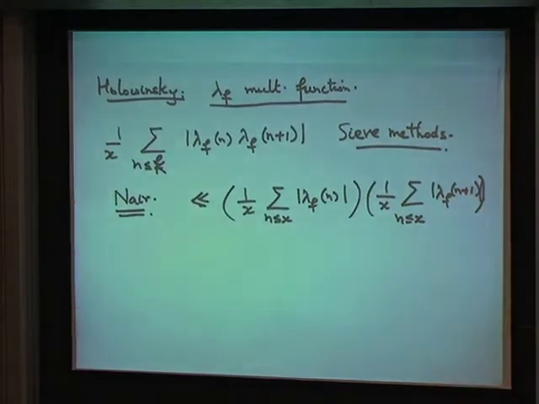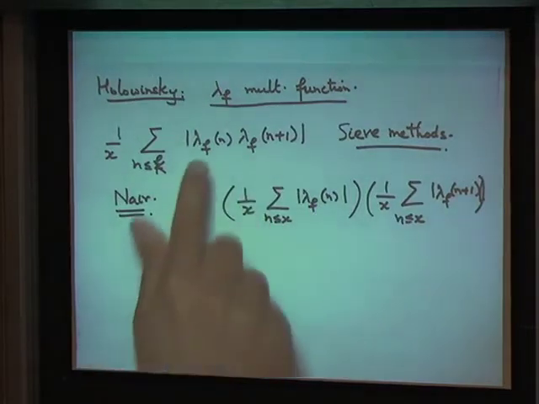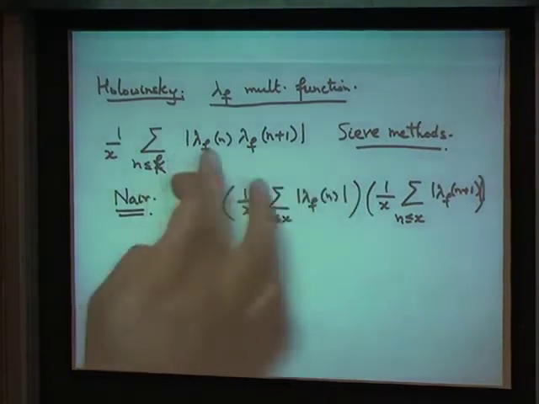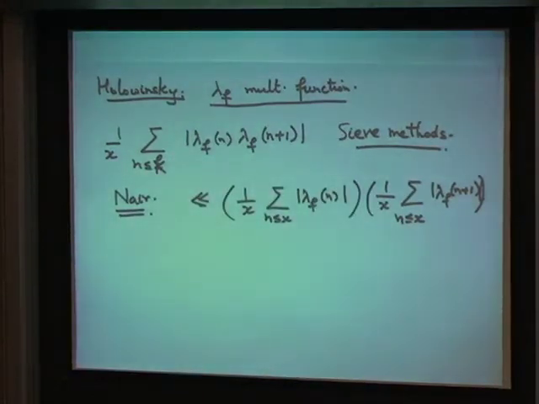It's very important in this argument also that the function f, lambda f, that you consider should satisfy the Ramanujan hypothesis. Why is that? Usually, when we use sieve methods, we can understand what happens with all the small primes. If you look at only the primes up to x to the 1 over 100, you can figure out how often a prime less than x to the 1 over 100 divides this, how often it divides that, and what all the correlations among them are.